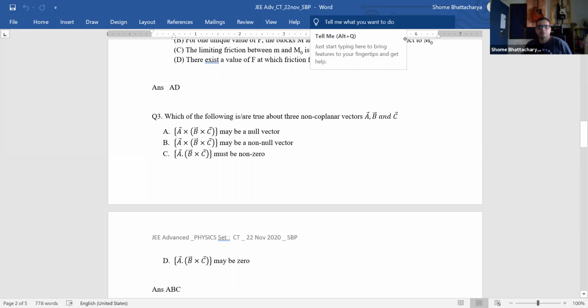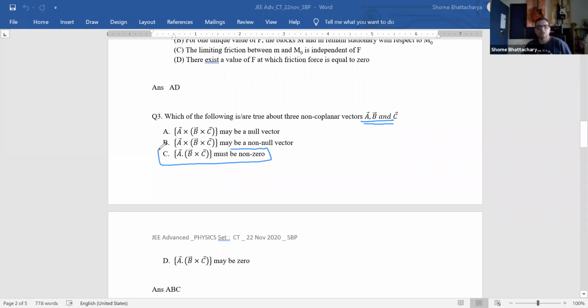So see, Shikhar, here what is happening is saying that they are non-coplanar vectors. Okay. So non-coplanar vector means that, let's say, this option, now you're talking about C option. Non-coplanar implies that A is not in the plane of B and C. Okay.